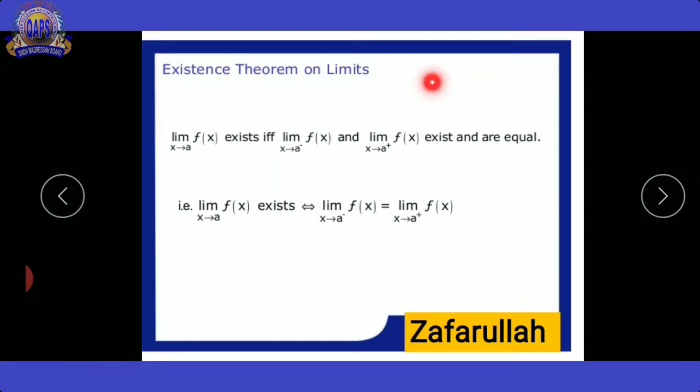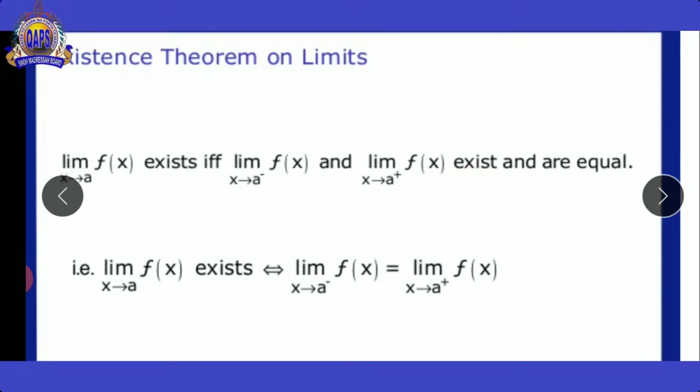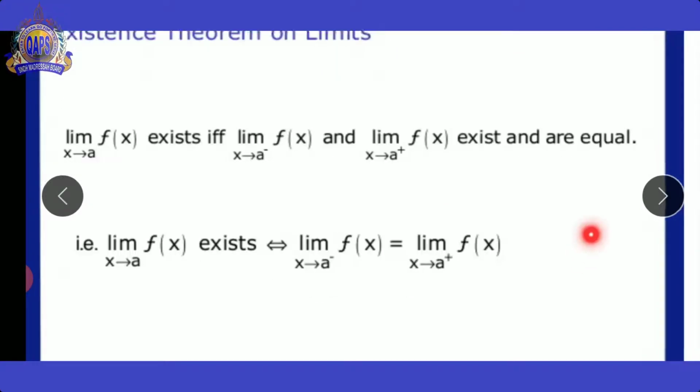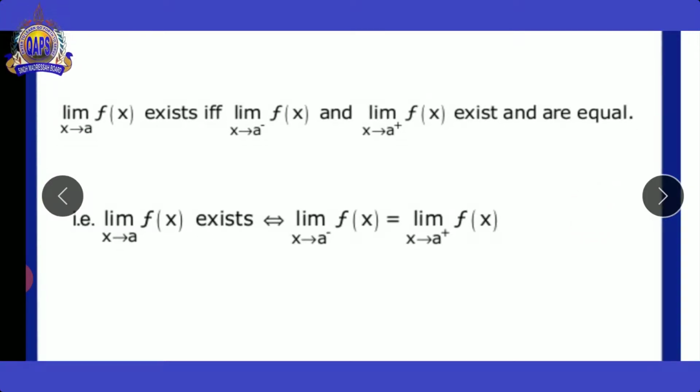So now here is the existence theorem on limits. We have already discussed the left hand limit and the right hand limit. The limit as x tends to a of f of x exists if the left hand limit of f of x as x tends to a and the right hand limit of f of x exist and are equal. When the left hand limit and the right hand limit are equal, then this limit exists.